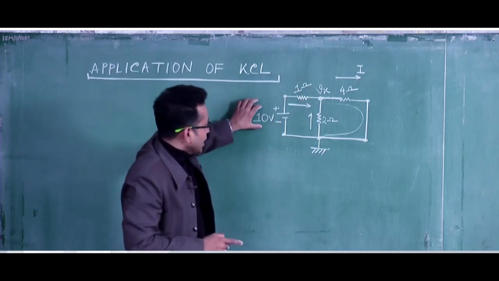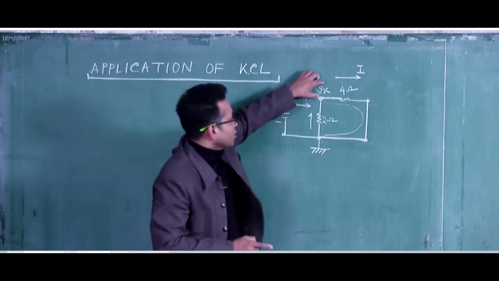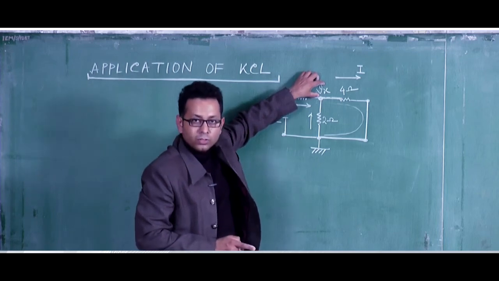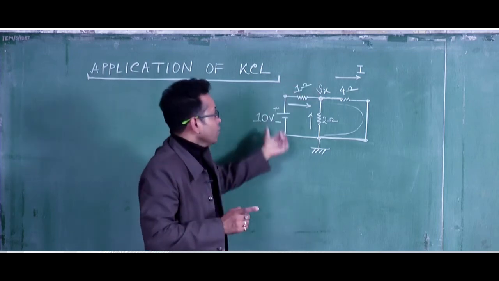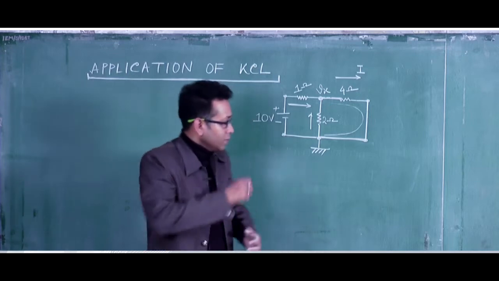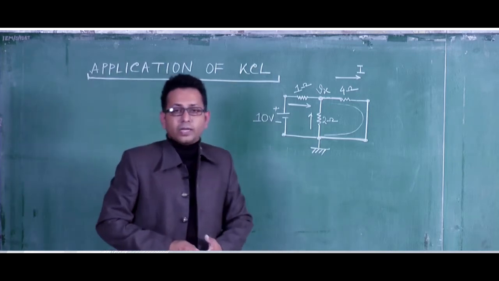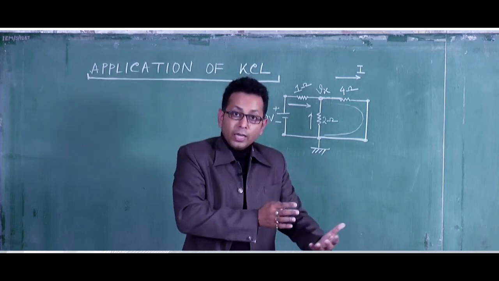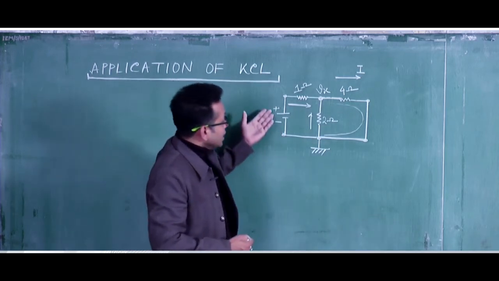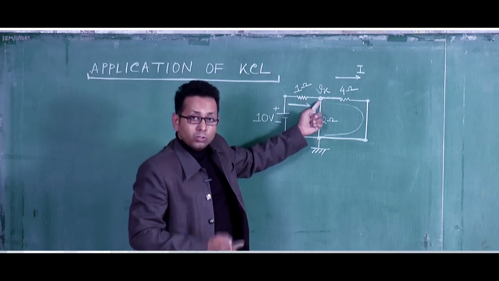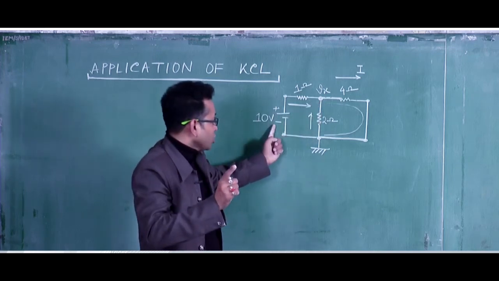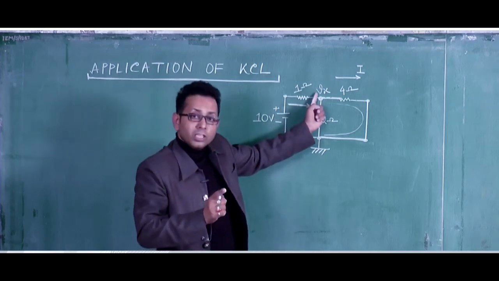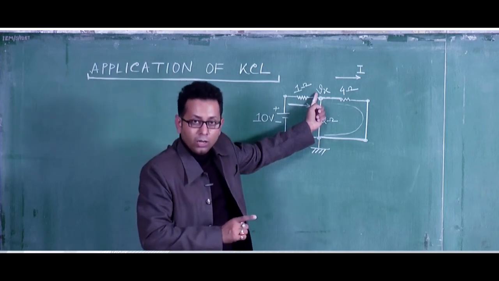So, obviously, that potential should be greater than the potential at this node. Then only will current flow, because it is the natural behavior of the circuit that current always flows from higher potential to lower potential. As we have considered current entering from this branch to this node, you have to consider this potential greater than this potential, which is still unknown to us.